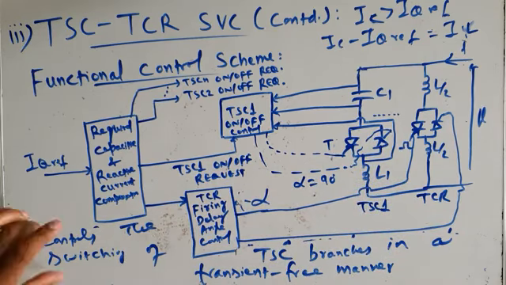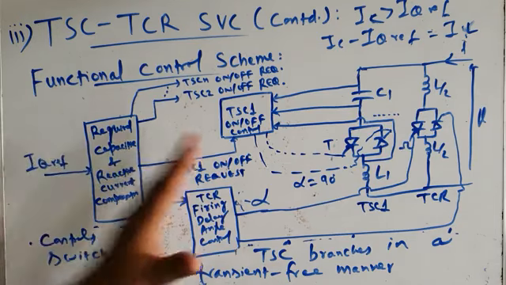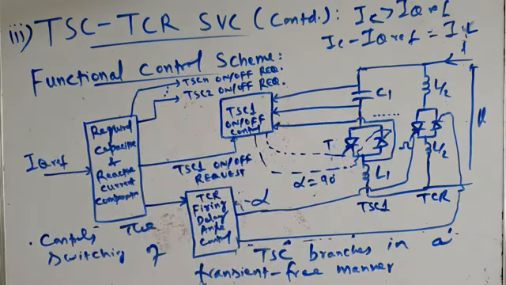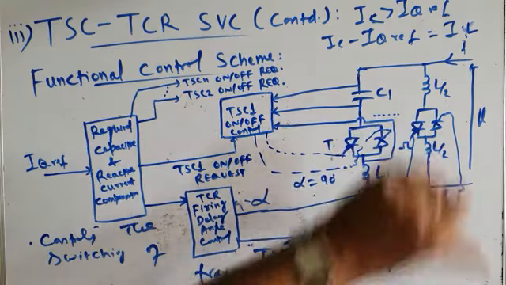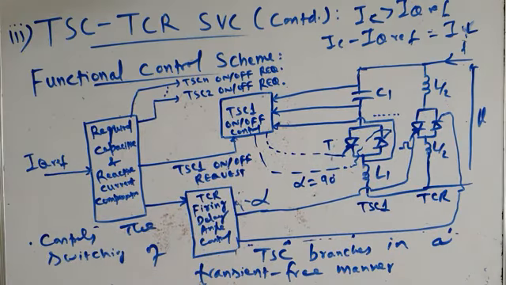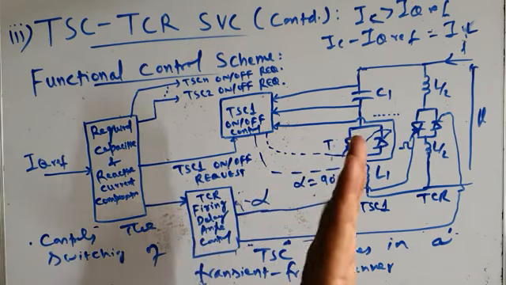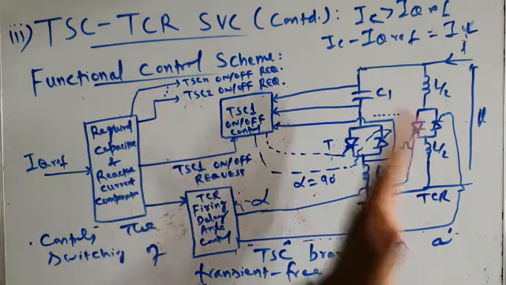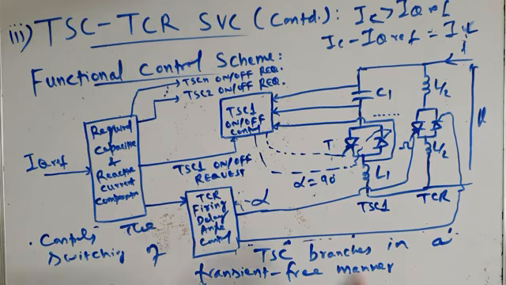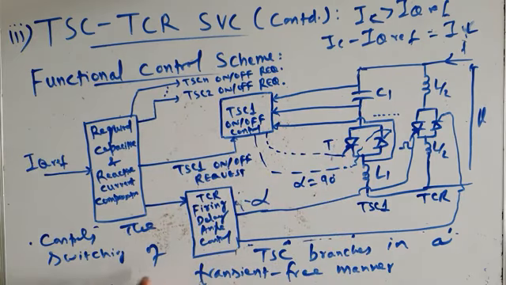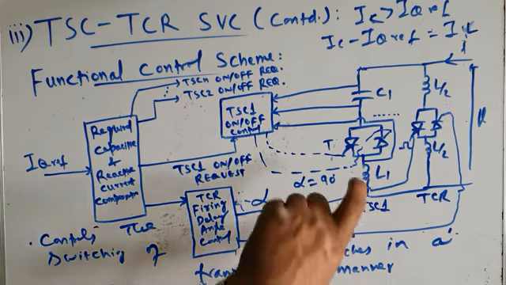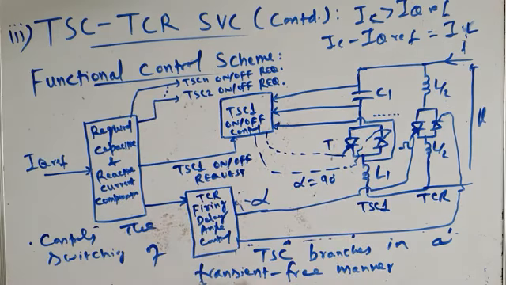So the first function is to determine the number of TSC branches to be turned on, and to determine the delay angle of TCR in order to cancel the surplus capacitive reactive current. The second function is that once the controller decides how many TSC branches have to be switched in, those branches have to be switched in a transient free manner. So it controls the switching of all the TSC branches in a transient free manner.